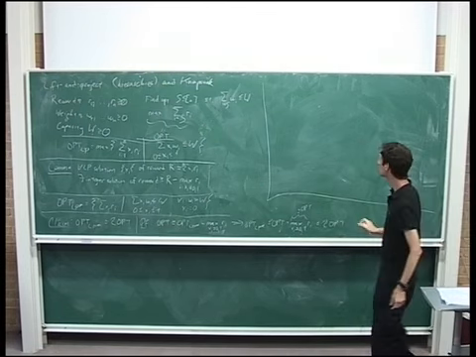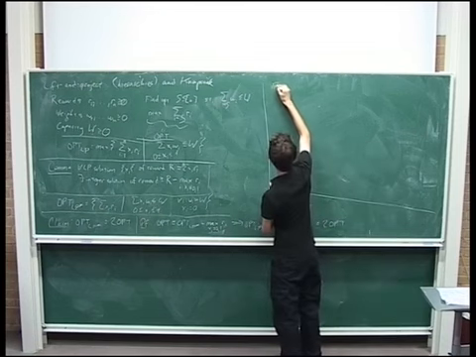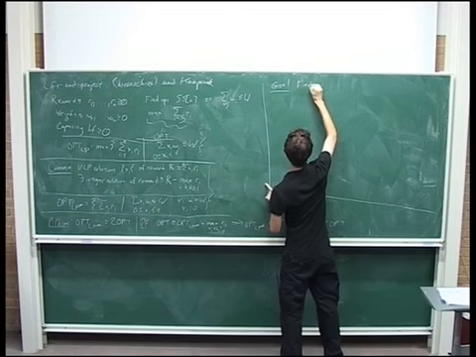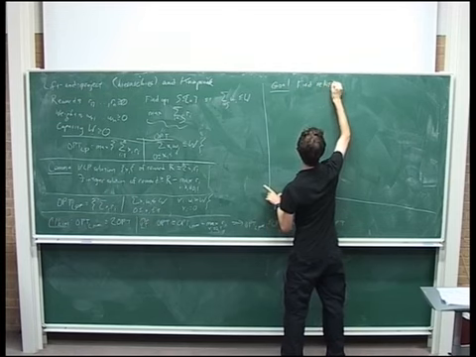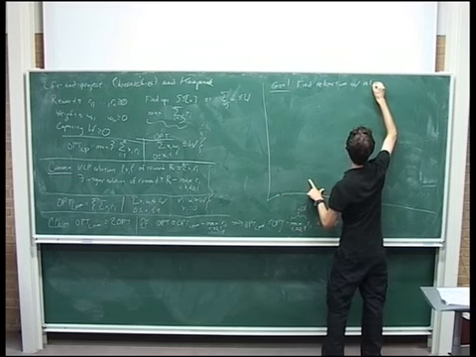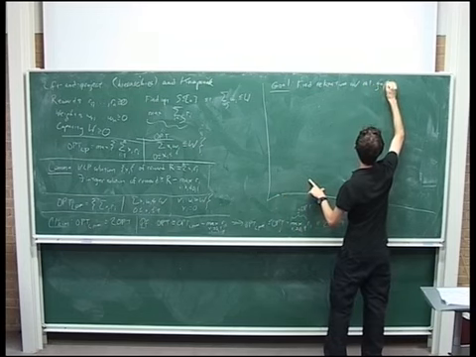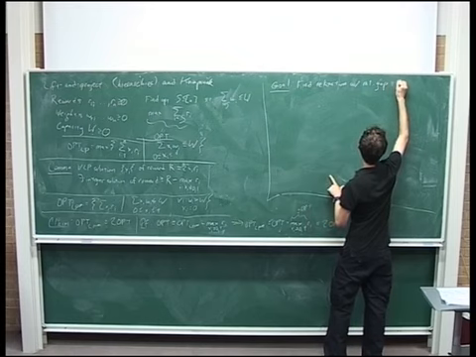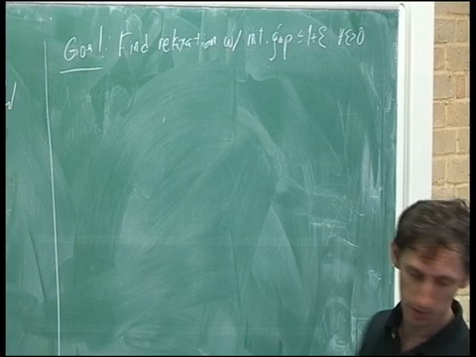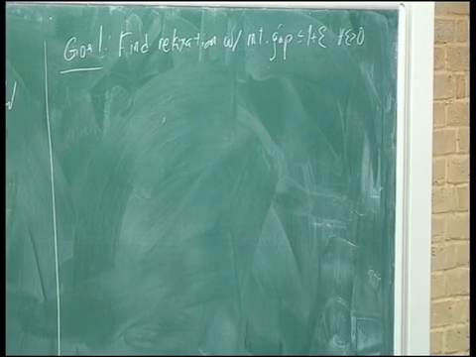Okay, so our goal is going to be to find a relaxation with an integrality gap which is at most 1 plus epsilon for any epsilon greater than 0.